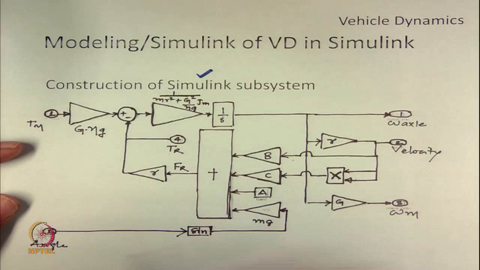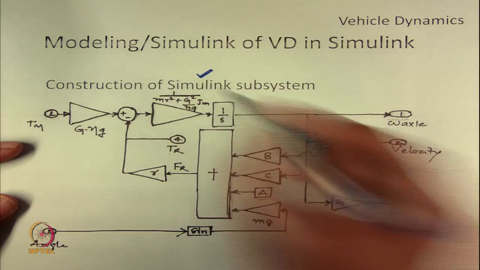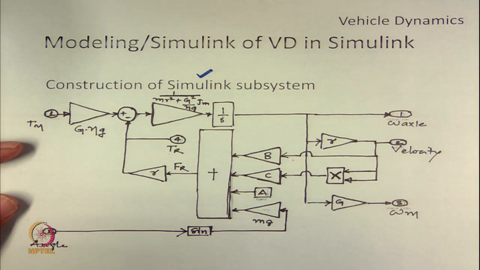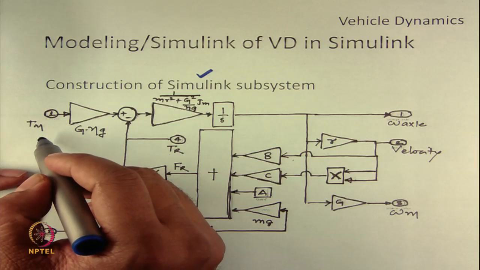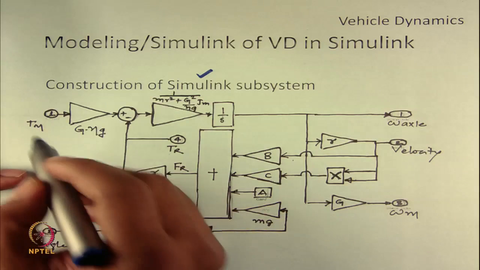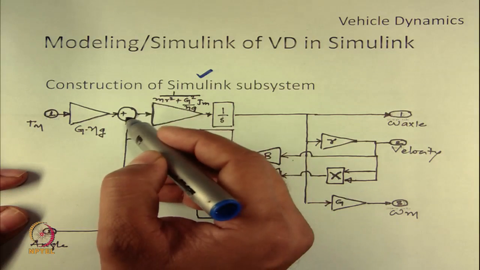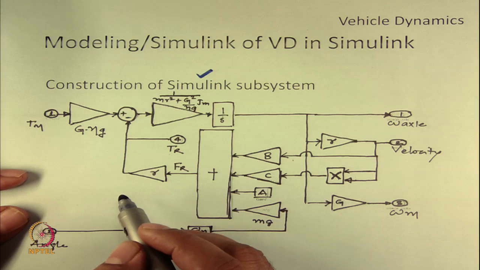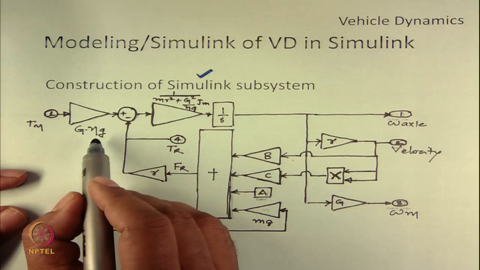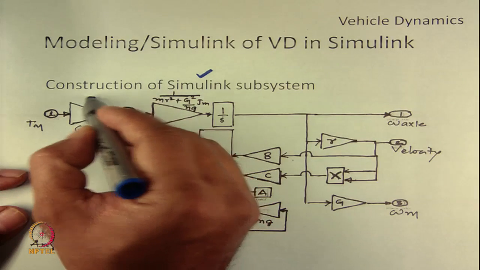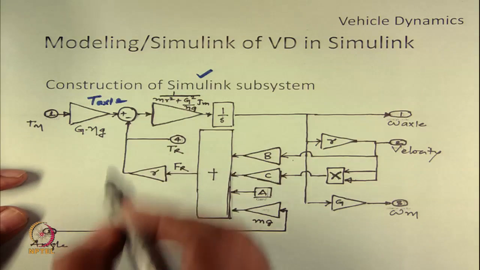So, using very simple blocks of Simulink, we are able to model these equations. So, how can we do that? Let us see. We know that the input to the system is the motoring torque. So, the motoring torque has to be first converted to the axial torque. So, if we multiply g eta g to Tm, we get basically T axial at the output of it.